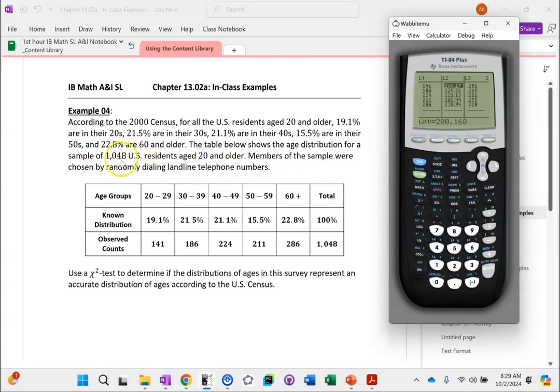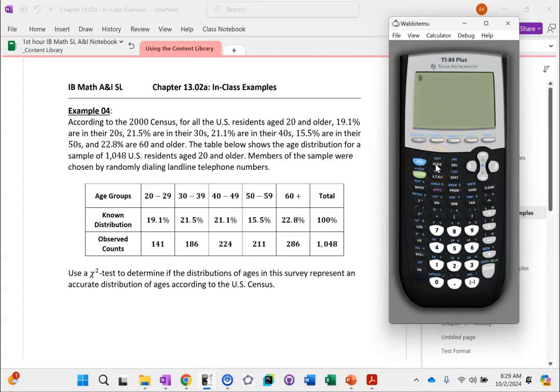We did random dialing, and then 1048 is definitely less than 10% of the US population. 1048 is 10% of about 10,000. There's a heck of a lot more people than 10,000 in the US, even ages 20 and up, right? It's got to be several hundred million. And then the expected counts are all way over 5. So we're good on our two conditions.